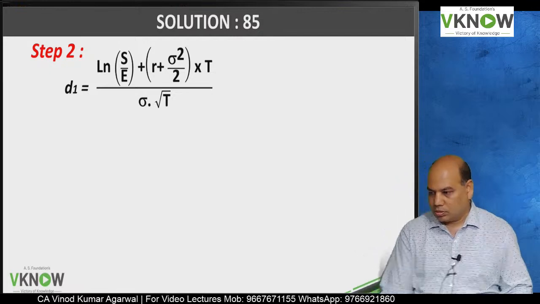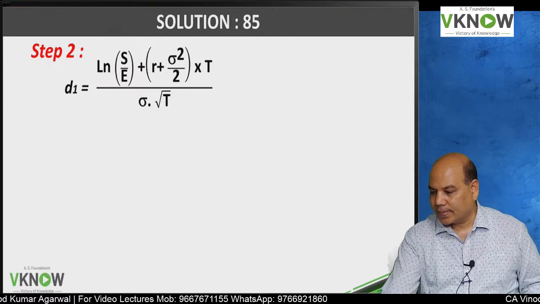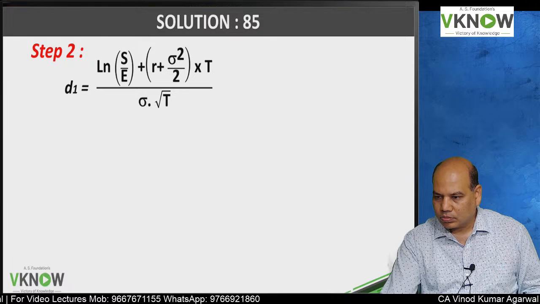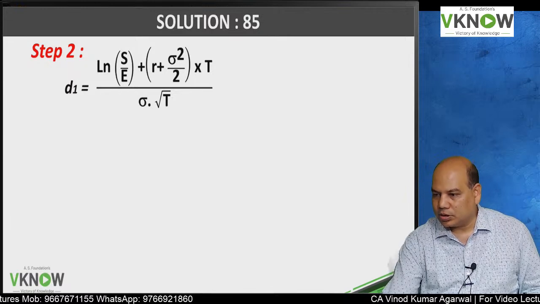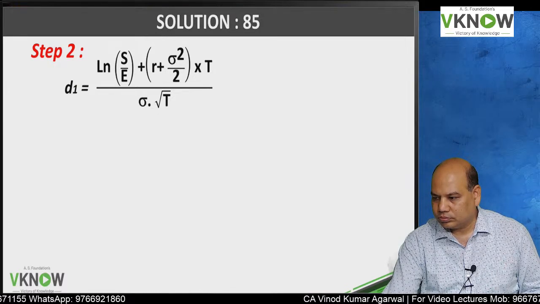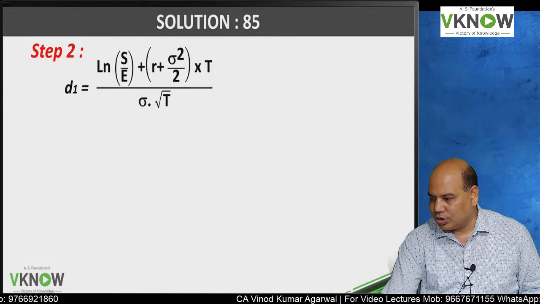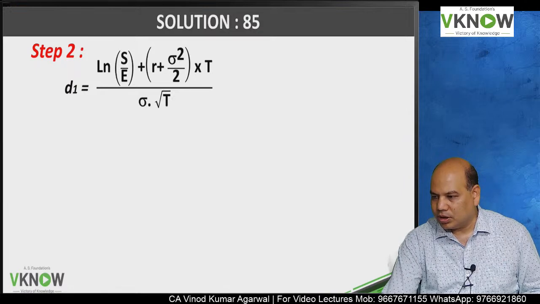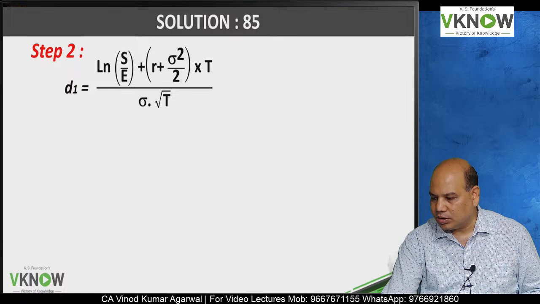D1 equal to ln S upon E plus, in bracket, R plus sigma square by 2, into T, upon sigma into under root T.